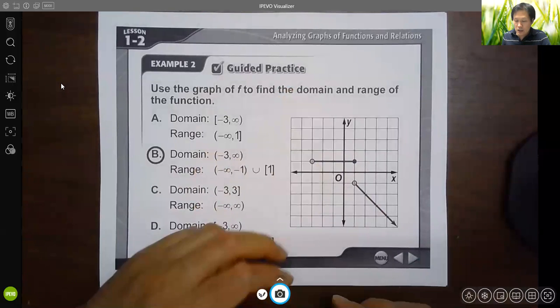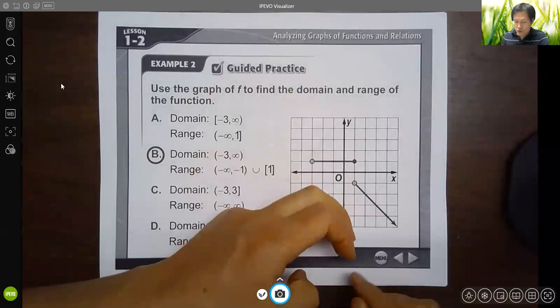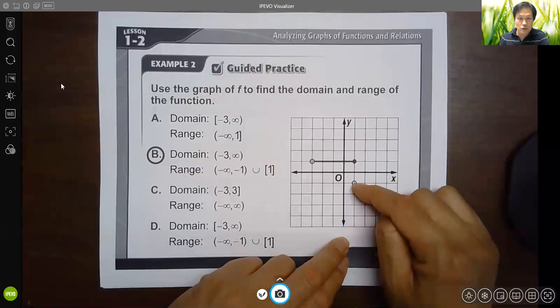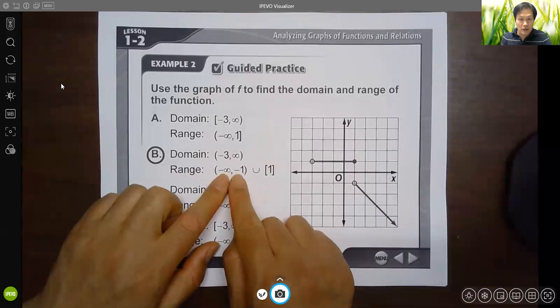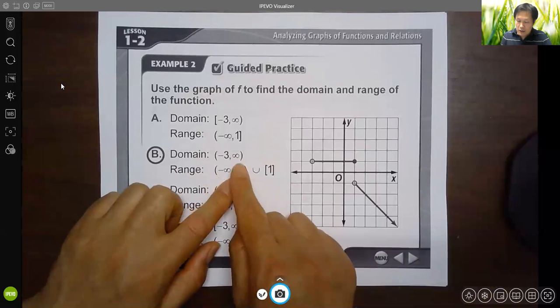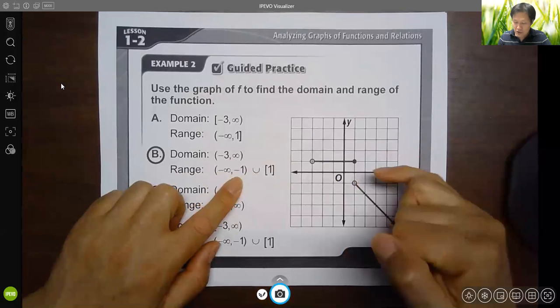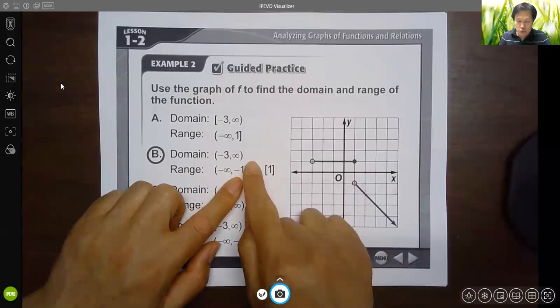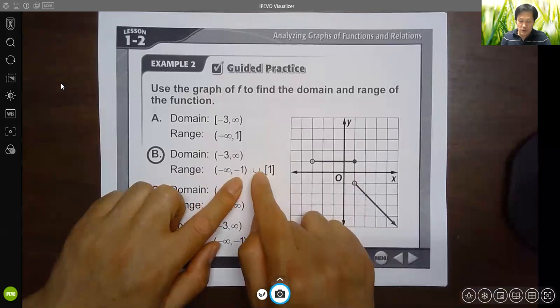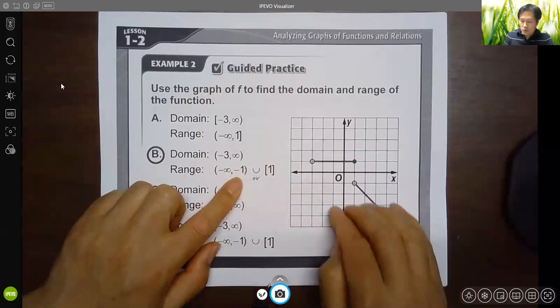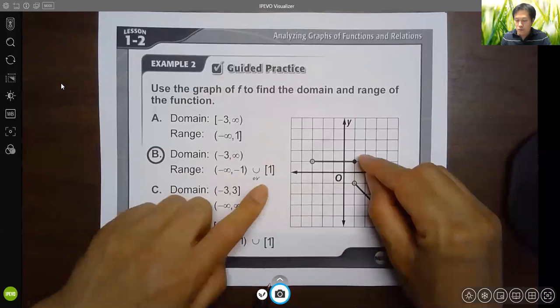Range means how low the graph reaches, forever low, minus infinity, to how high: minus infinity to minus 1. Minus 1 has a hole, so we use a parenthesis. There's a gap, there's nothing between. So that's why you're doing a union, which is the same as or. Here, or, what is this?